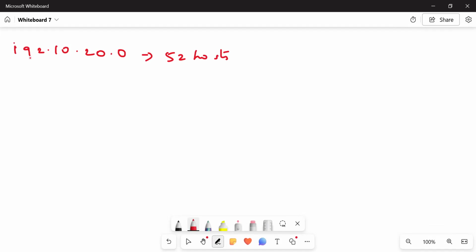Now our first step is to identify the class from the given IP address. Our given IP address is 192.10.20.0.